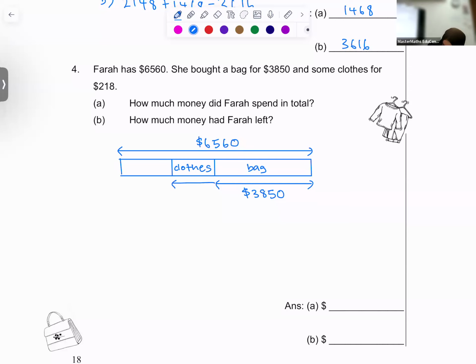Okay, and label this part as $218. Okay. How shall we label everything else? We can call it left. Hold on. Let's just write down left first. Okay, so now we're only drawing the model, okay? So we don't know what this part is. We can just draw an arrow first.